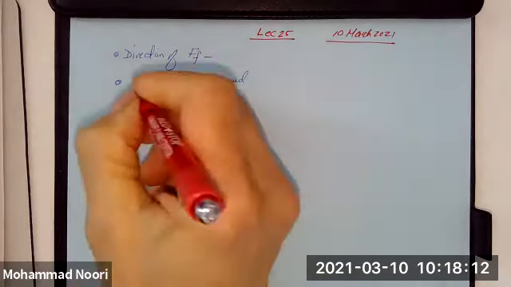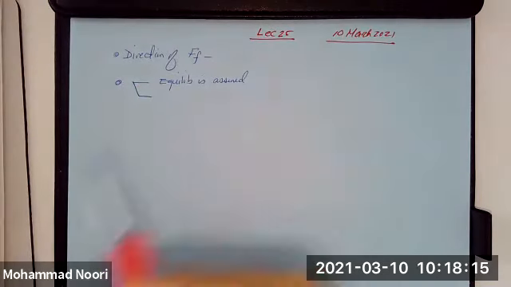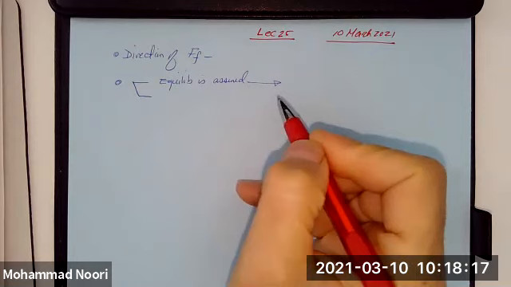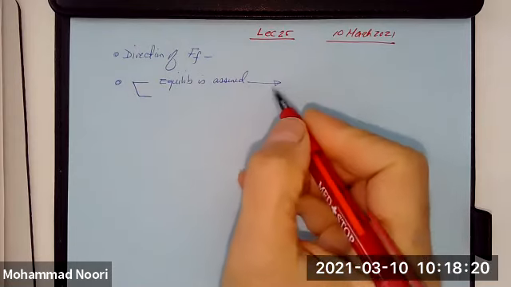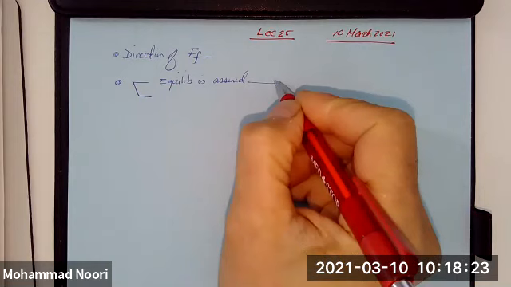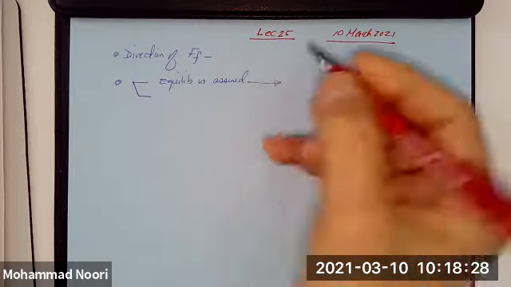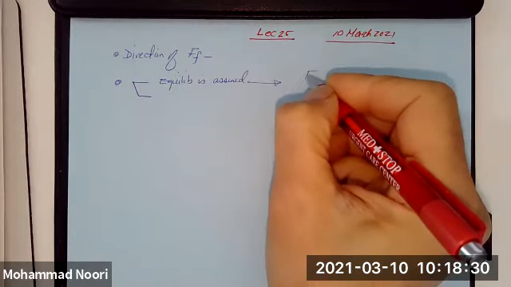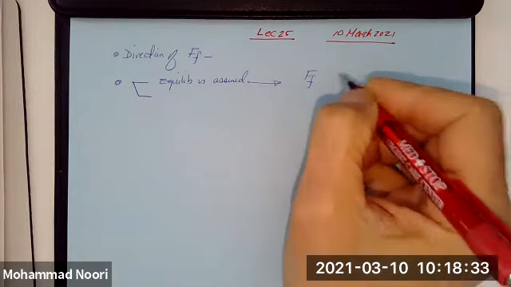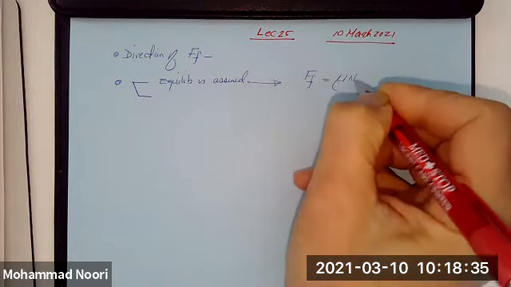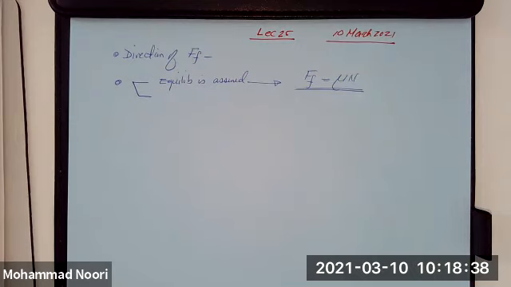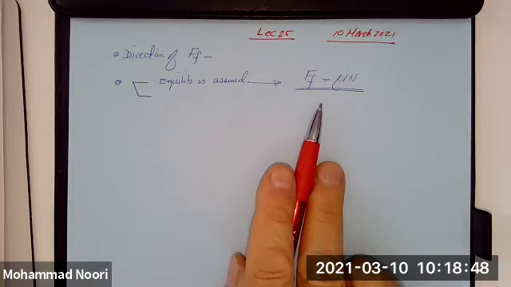What is the benefit of that? If the system is in impending motion, the friction force is at its maximum value, which is mu times N. In other words, we assume the system is in equilibrium, but if it is going to move, it would be at the impending motion where the force of friction is maximum.